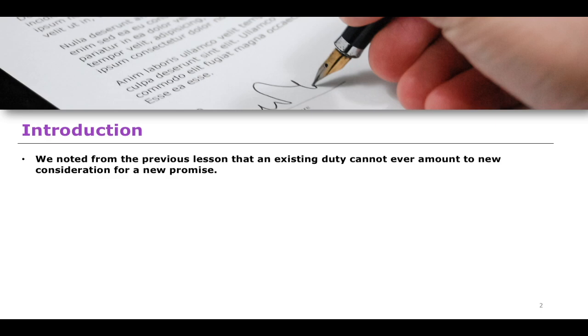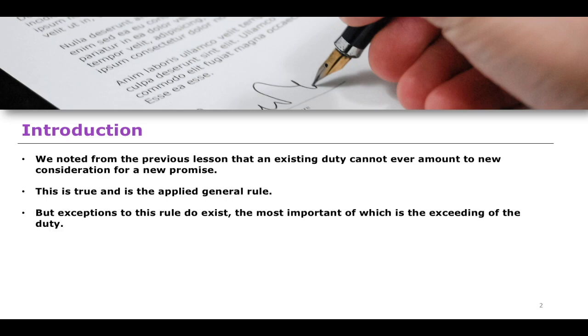So we noted that, for example, the existing duty to perform some action can never amount to a new consideration for a new promise. This is the general rule. We also noted that a statutory duty to perform some action, such as a subpoena, cannot represent new consideration for a new promise. But exceptions to this rule do exist.